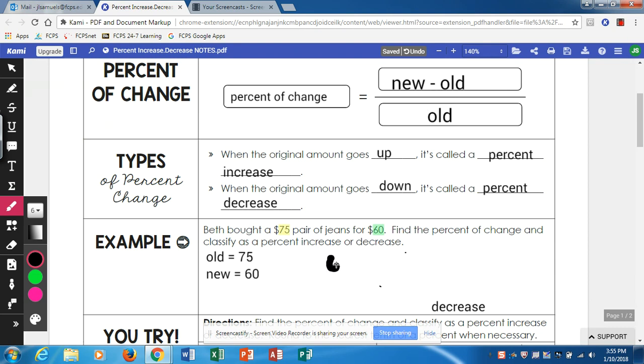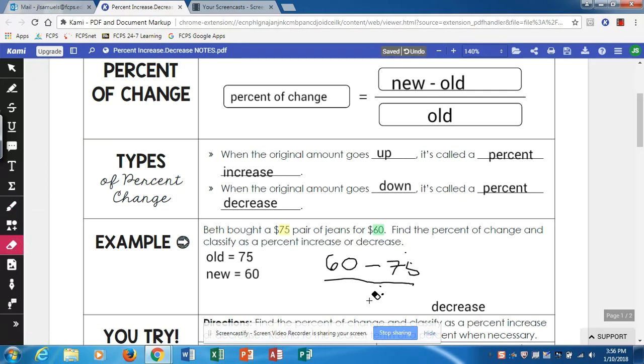Okay, so, oh, that's too dark. It's too bold. Let me erase this really quickly. Okay, so we have $60 minus 75 over the old, which was $75.